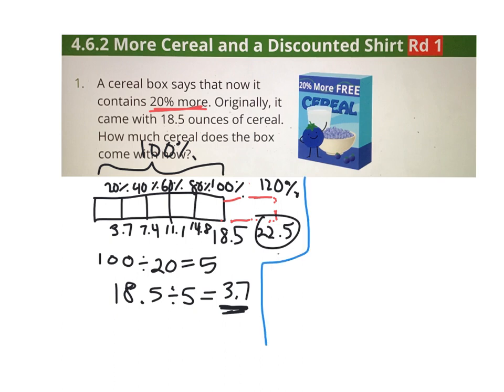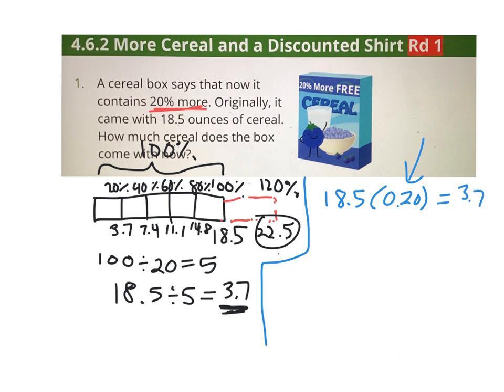Another way of figuring this out is by figuring out just numerically. We could say, well, if our original amount was 18.5 ounces and there's a 20% increase, we could figure out how much that is worth. So 20%, we want to convert it into decimal form. And you're going to get 18.5 times 0.20 is equal to 3.7.